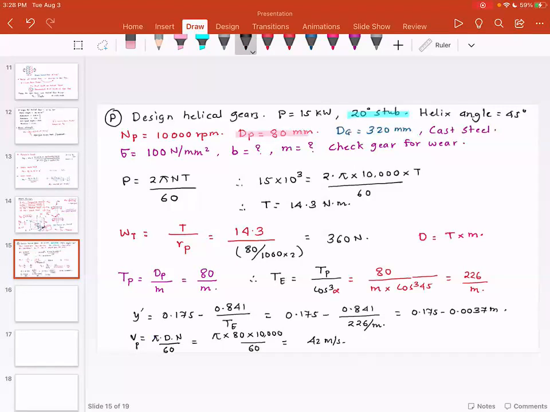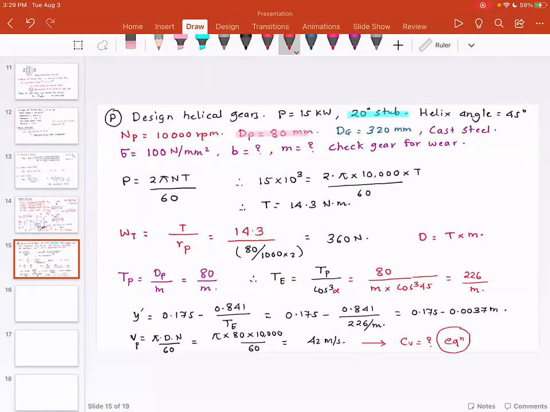You are going to get the answer in millimeters, but I would convert that answer to meters per second. The reason is this information will tell me which velocity factor equation to use. So I need to find the equation for CV, the velocity factor.